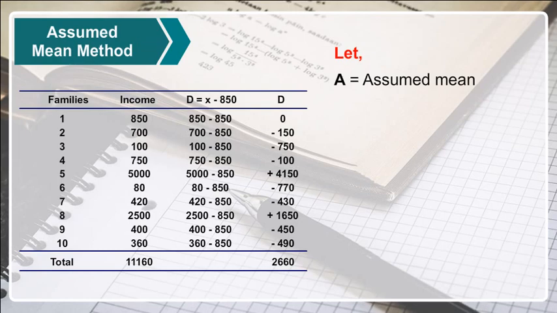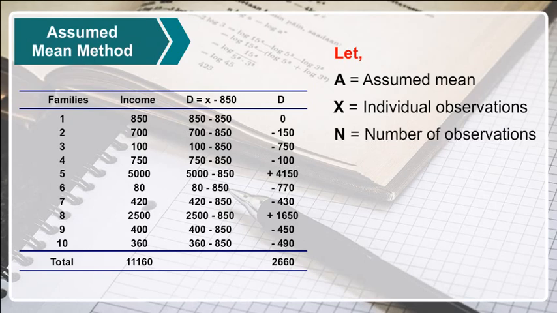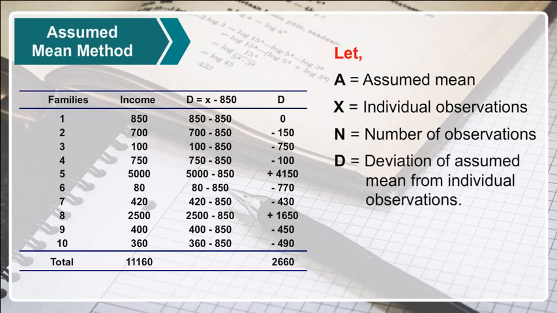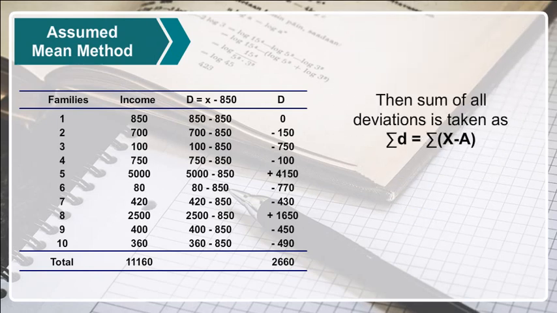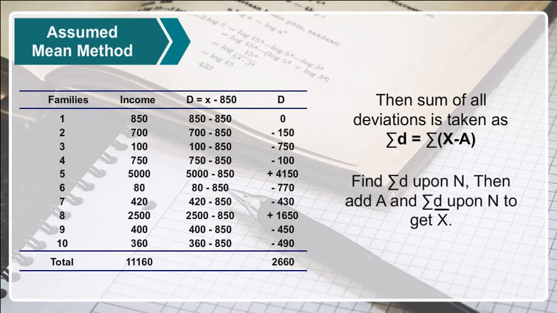Let A equal the assumed mean, x the individual observations, n the number of observations, and d the deviation of individual observations from the assumed mean, that is d equals x minus A. Then the sum of all deviations is summation d equals summation x minus A. Find summation d upon n, then add A and summation d upon n to get x bar.